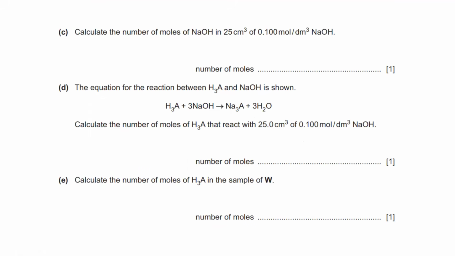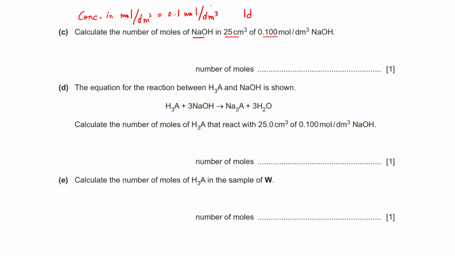So moving ahead, part C. It says calculate the number of moles of sodium hydroxide in 25 centimeter cube of 0.1 mole per decimeter cube of sodium hydroxide. So the concentration is given to us in mole per decimeter cube. The value is 0.1 mole per decimeter cube.